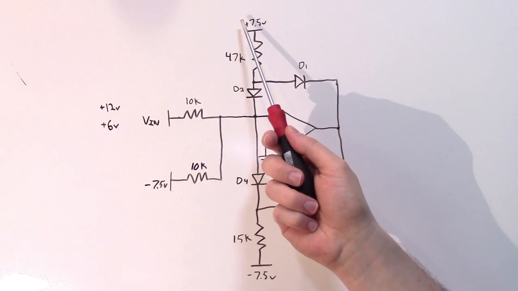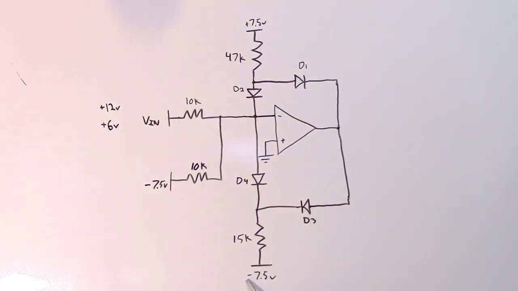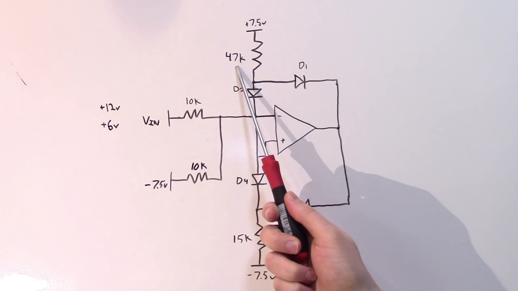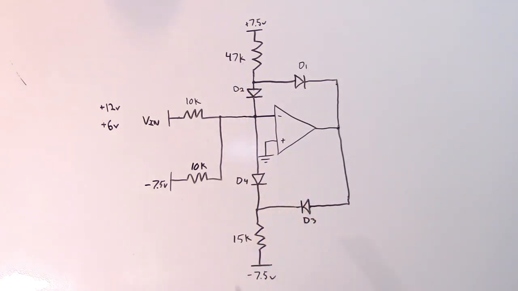And with a plus 7.5 volt and negative 7.5 volt rail, the use of 10 kilo ohm resistors here for R1, a 47 kilo ohm resistor here, and a 15 kilo ohm resistor here, we get pretty darn close to the necessary trip voltages. So these resistor values are selected so that the negative trip voltage is at negative 1.5 volts and the positive trip voltage is at positive 4.5 volts.